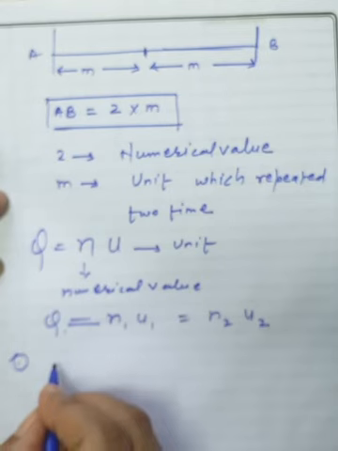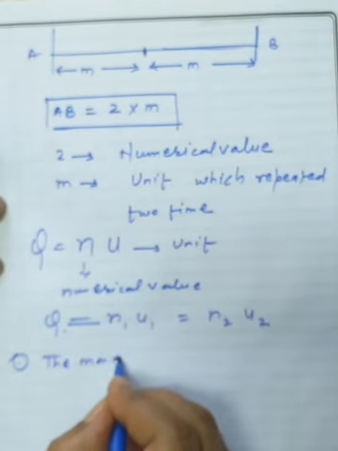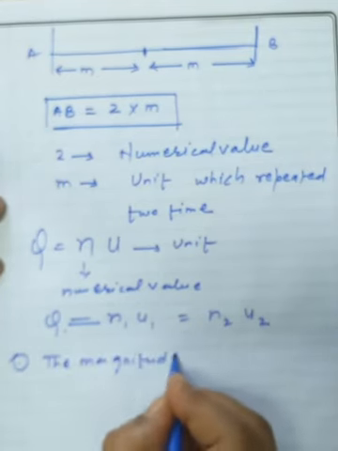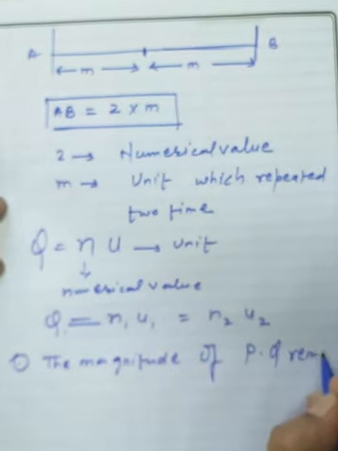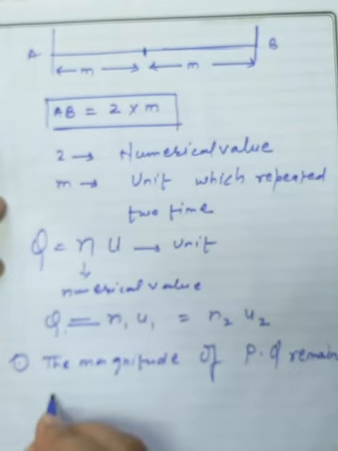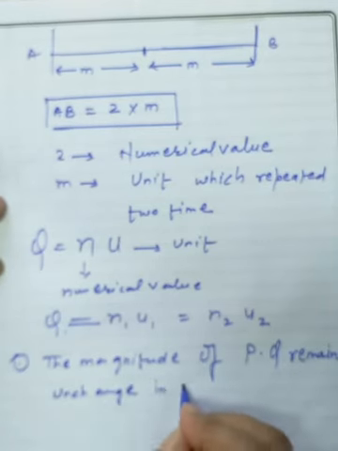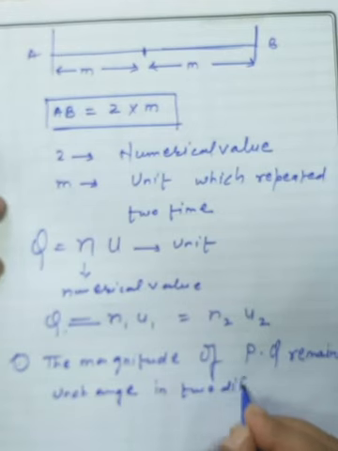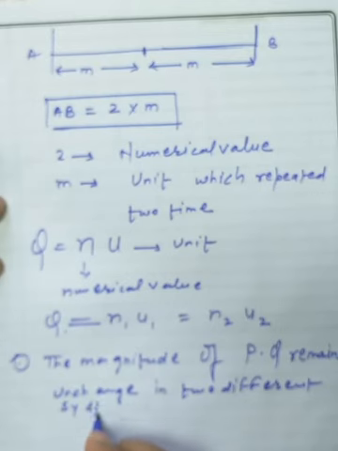Suppose we use one of the interesting facts about the quantity: the magnitude of a physical quantity remains unchanged in two different systems.